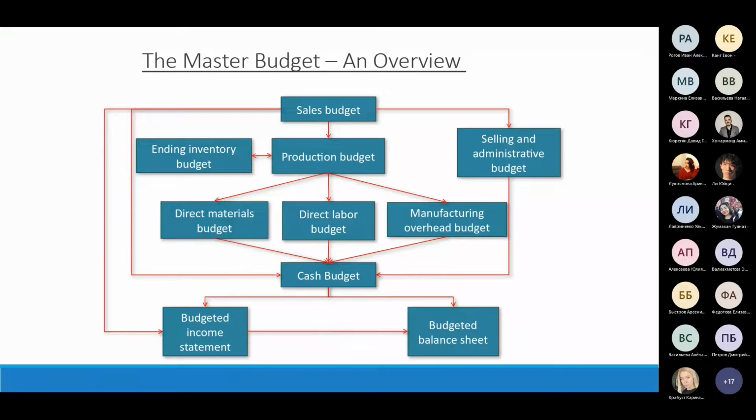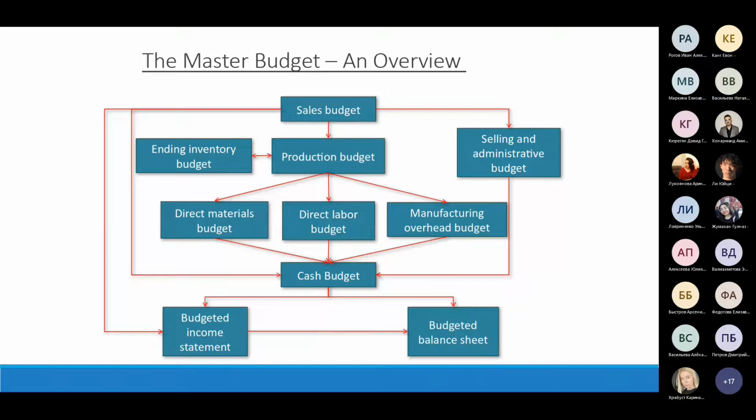So where to start if we are speaking about budgeting? We always start with the sales budget. The basis of the budgeting system is the sales budget. After that, we plan together the production budget and the selling and administrative budget. These are budgets of the same level.